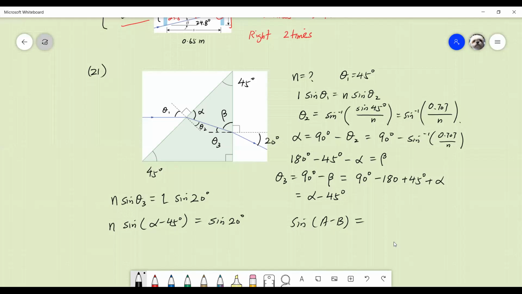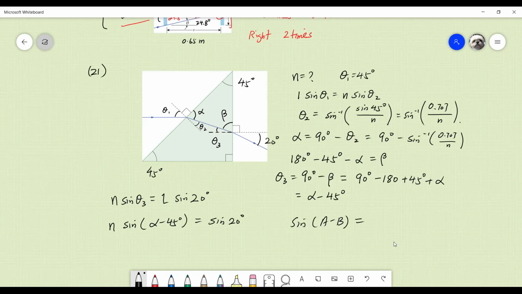The sum of the sine, right? Okay, go search it and tell me right now. Sine A minus B. Okay, no one tells me.